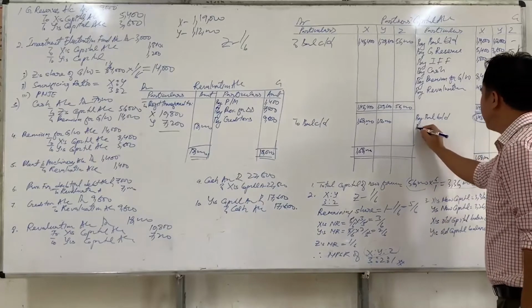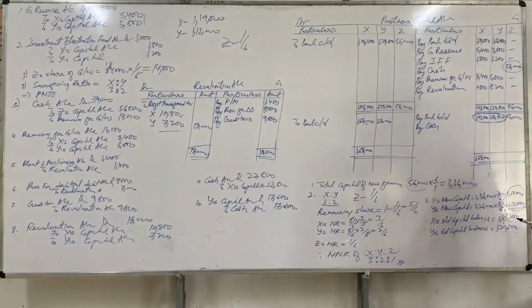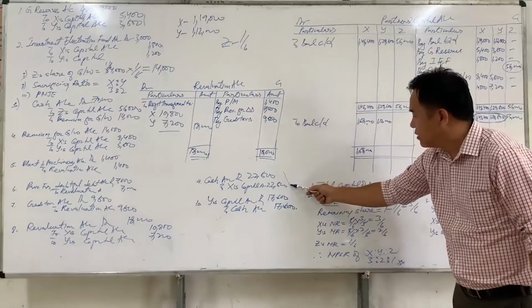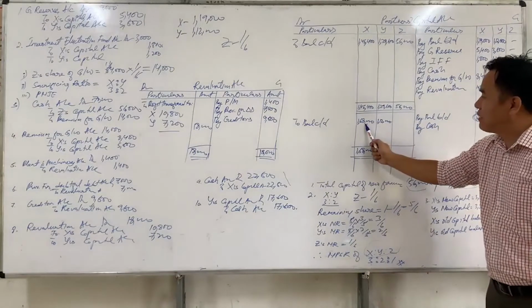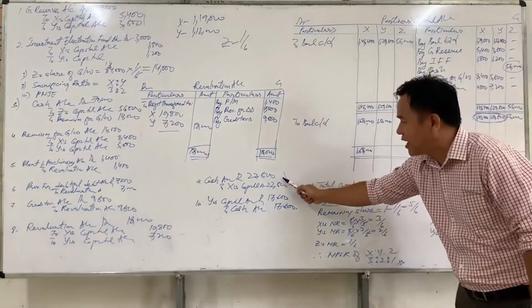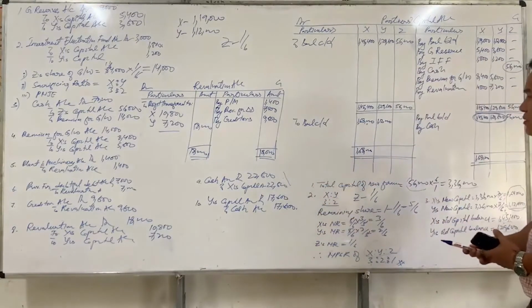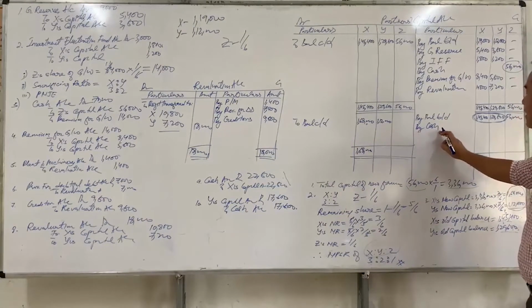The difference will be by cash, like we have done before. Since X's old capital balance is less than X's new capital, there is a deficiency. If there is a deficiency, the journal entry will be cash account to X capital. So the difference will always be by cash.